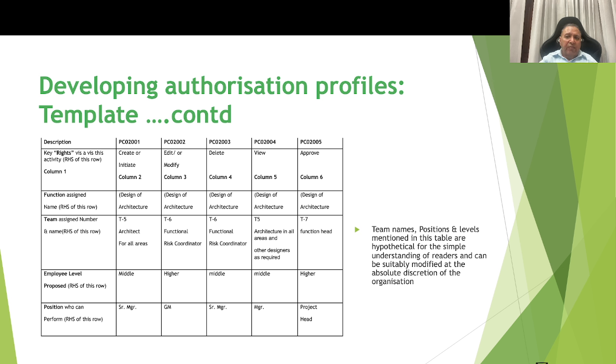Now, these team names, positions and levels mentioned in this table are hypothetical for the simple understanding of the readers, viewers or listeners, and can be suitably modified at the absolute discretion of the organization.